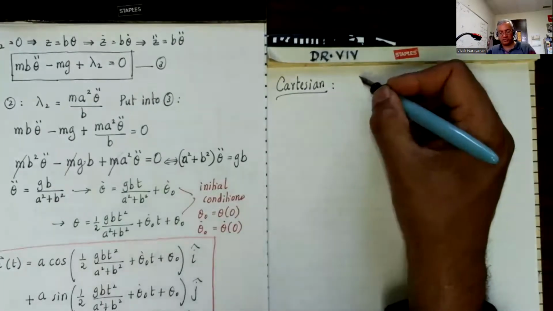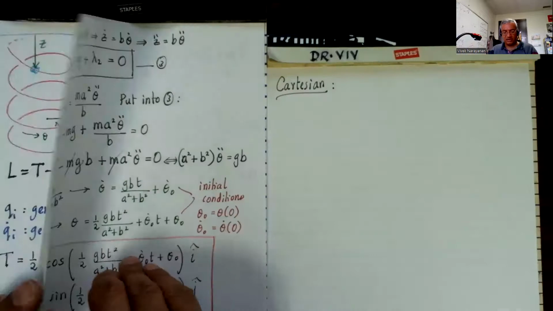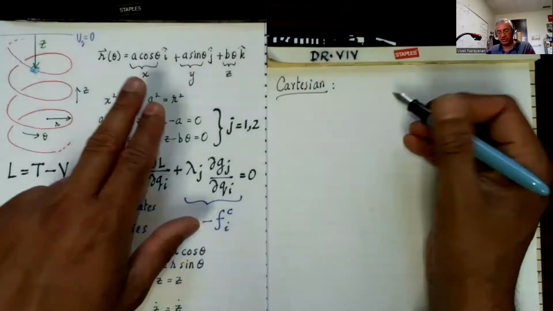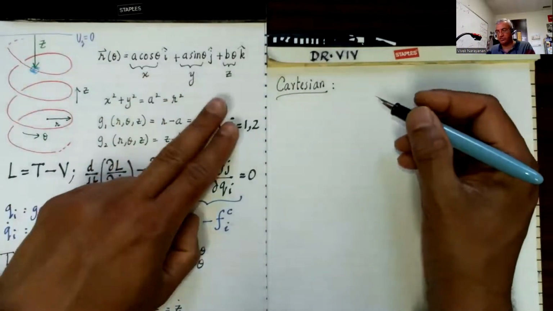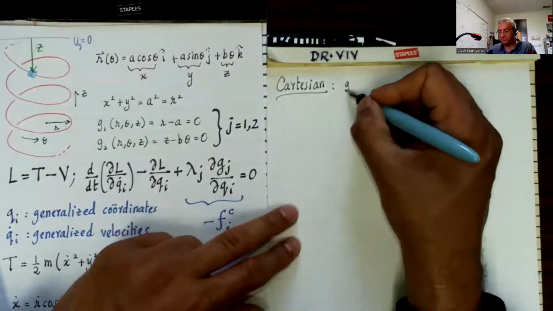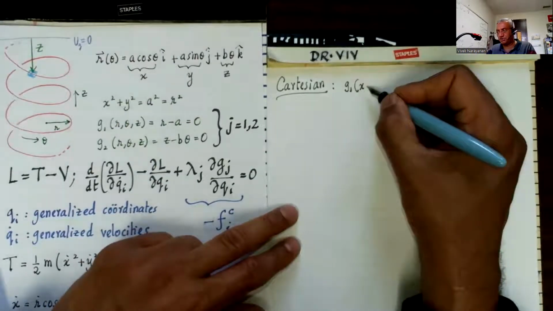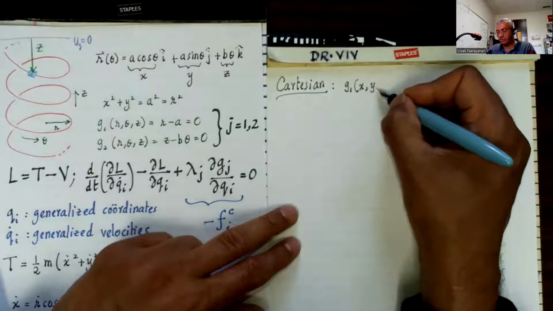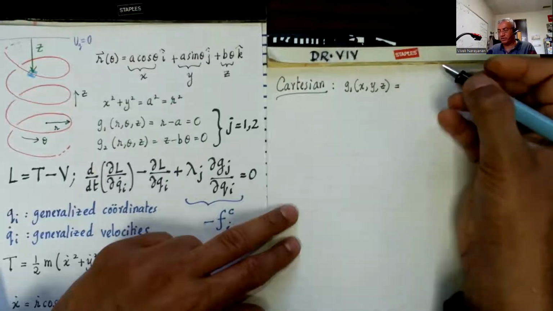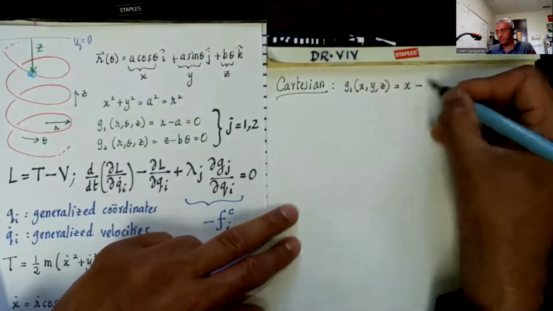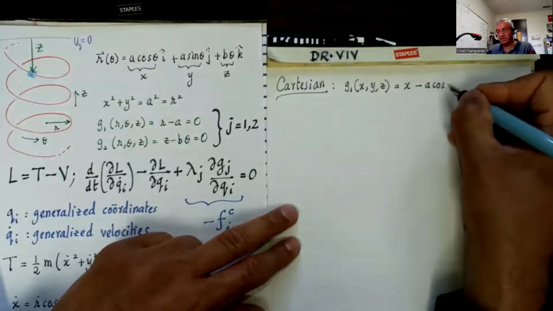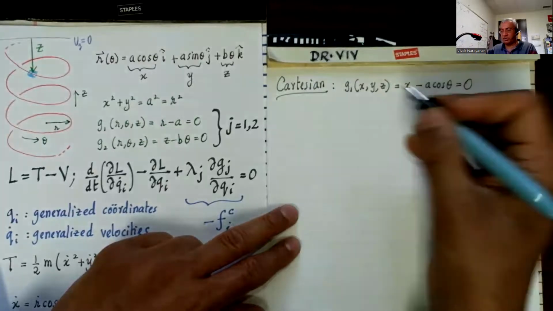First of all, the constraints. Now, when you go back to the original equation, the constraints, that is x, that is y, and that is z. So in Cartesian, you're going to have 3 constraints. I'll still call them G1, G2, and G3. But now they are functions of x, y, and z. So G1 of xyz is x minus a cosine theta, and that's equal to 0.